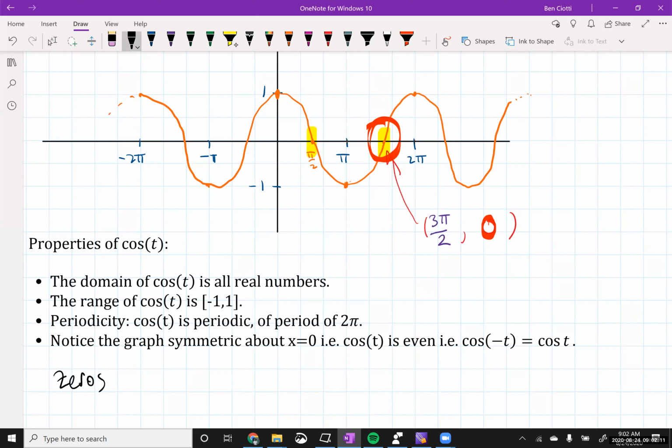I always remember cosine starts at 1, and then it's negative 1, and then it's back to 1. Okay, so there's our basic cosine graph.